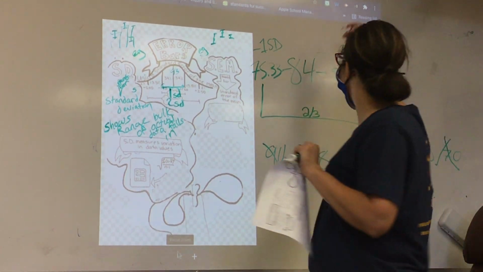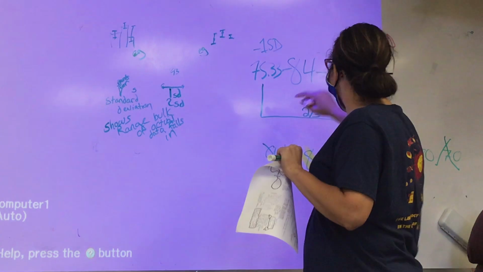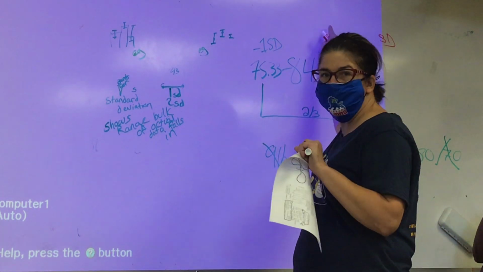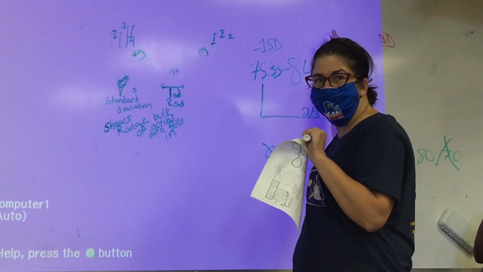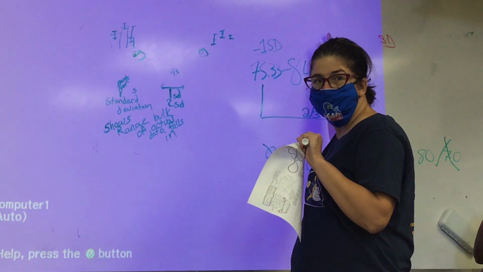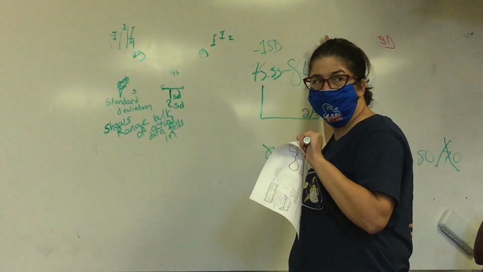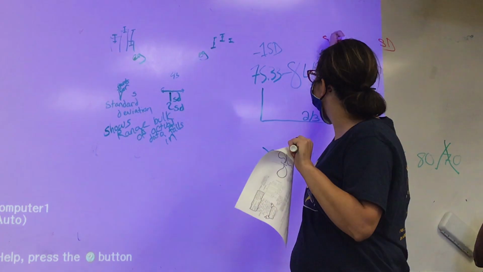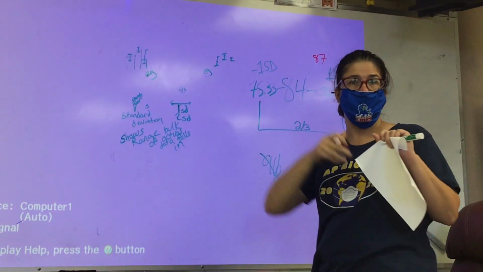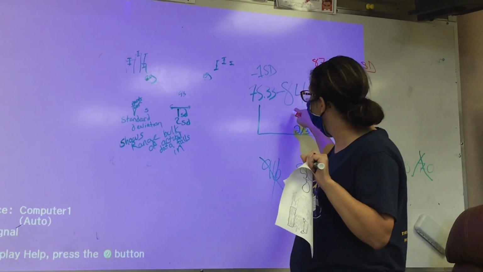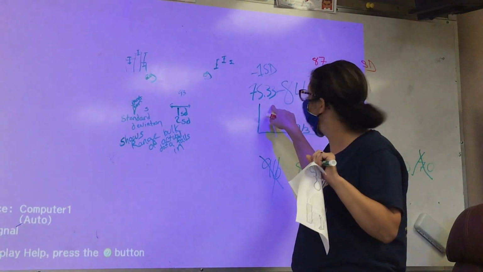If that's the case, what would one standard deviation added to 84 be? 87. This is our fictitious one, the red is just made up. What would 84 minus that standard deviation be? 81.